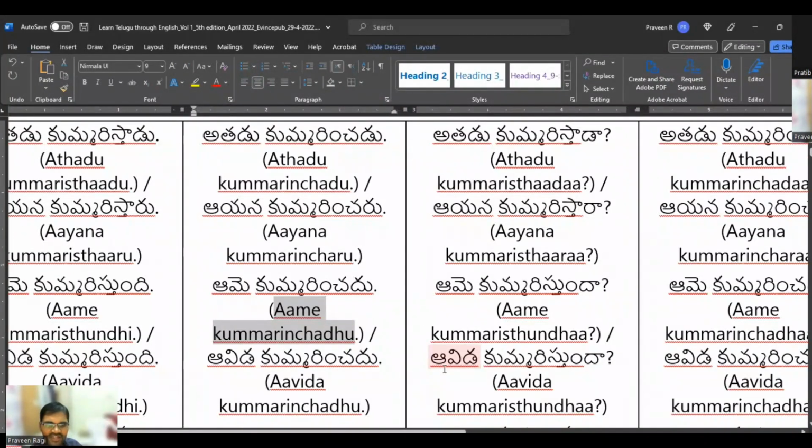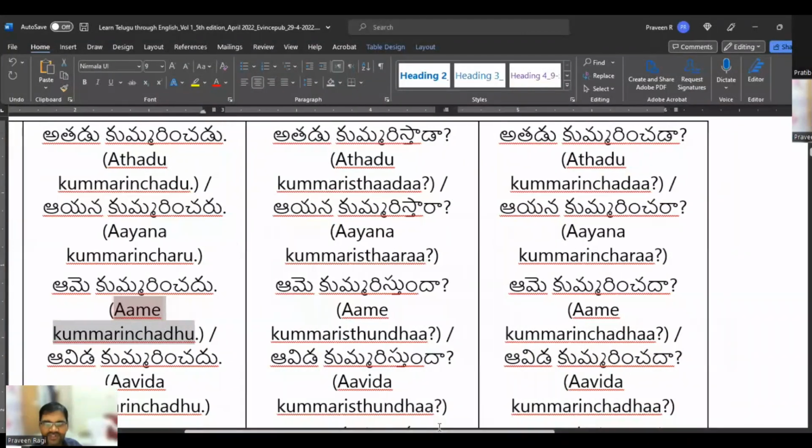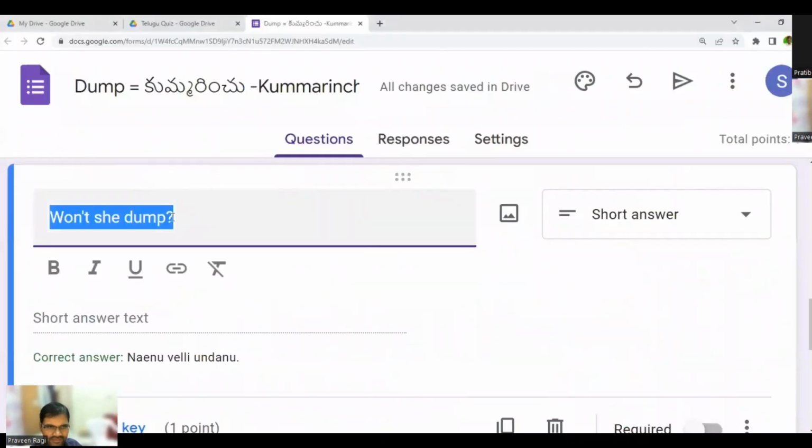This is for she doesn't dump. Okay, now can you make this one in question format? ఆమె కుమరించుచదా. Yes, perfect. Look at this one. Ame kumarinchada, like that. That means doesn't she dump or won't she dump, like that.